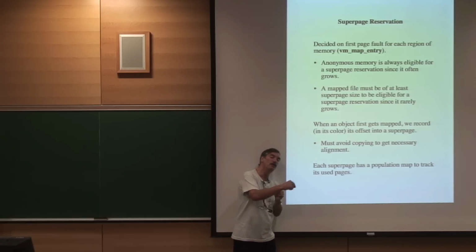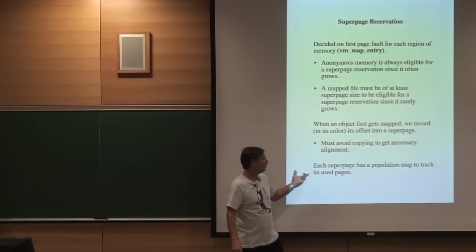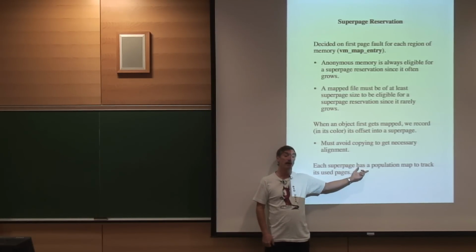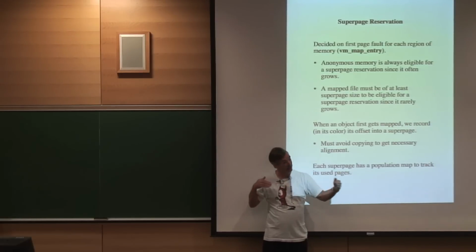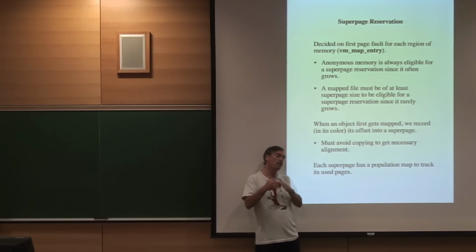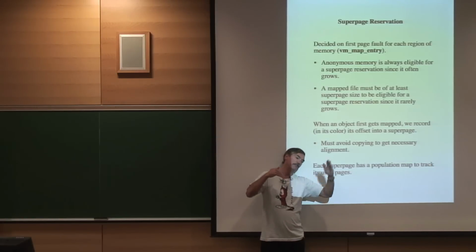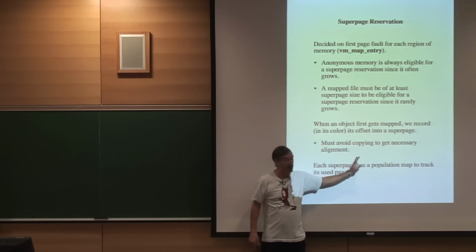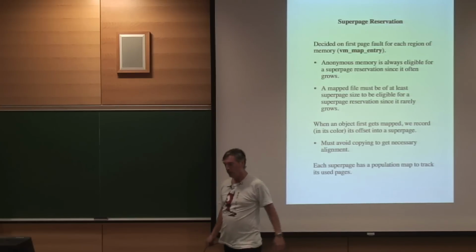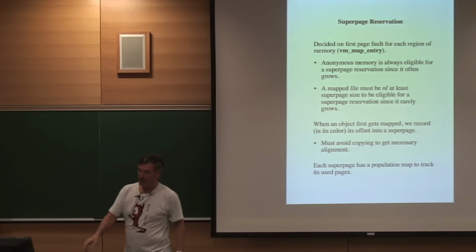And then as you continue faulting into that object, we keep track of how much of the superpage you have actually mapped in. So the superpage goes fault, fault, fault, fault, fault, and it's mapping in page by page, 4K by 4K by 4K page, the various bits and pieces of that superpage.